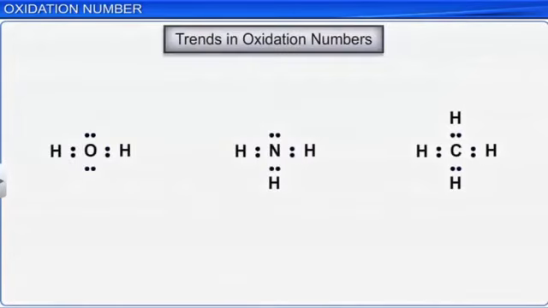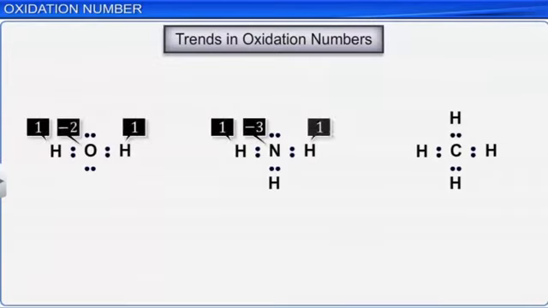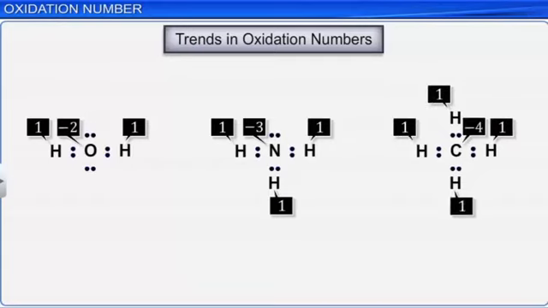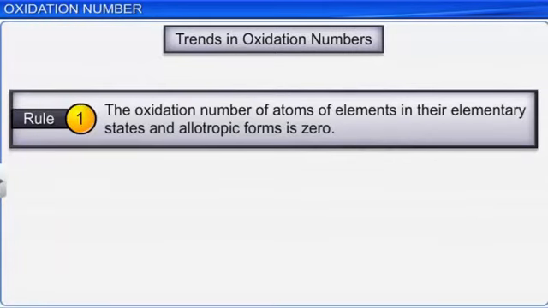To determine the oxidation number of an element in a compound or an ion, certain rules have been formulated. Let's look at these rules. The first rule is that the oxidation number of atoms of elements in their elementary states and allotropic forms is 0.